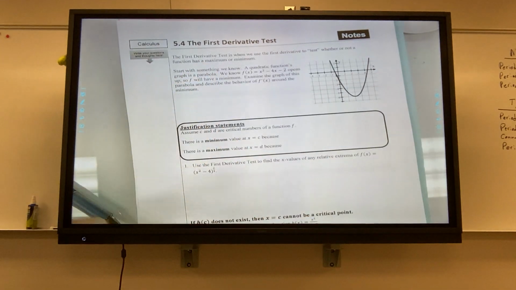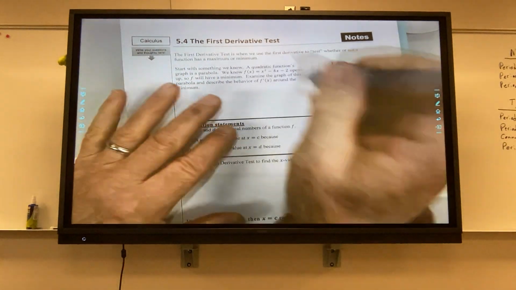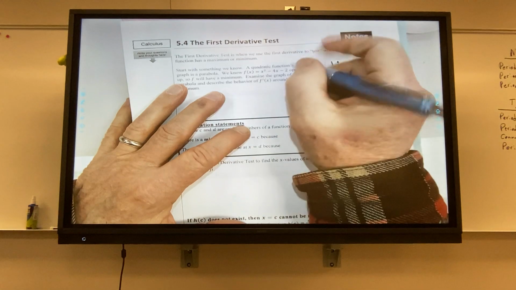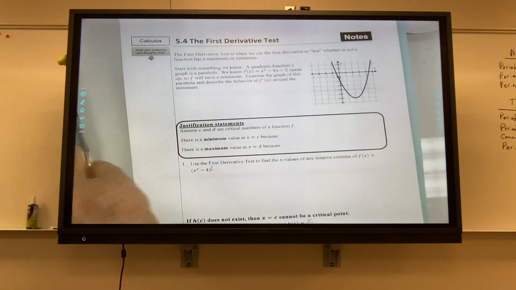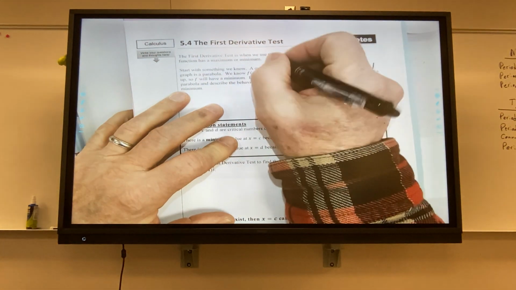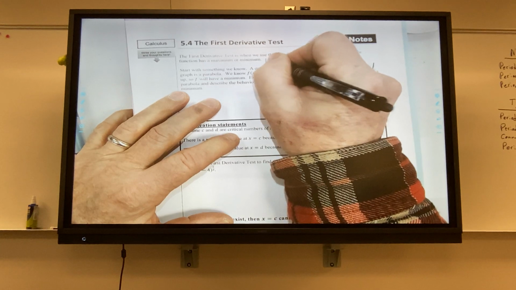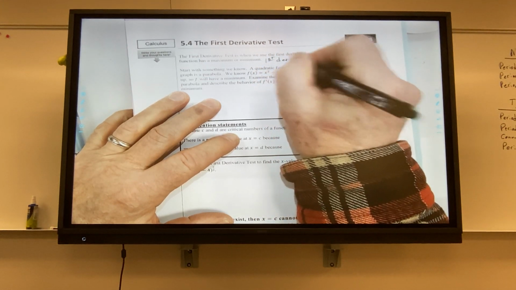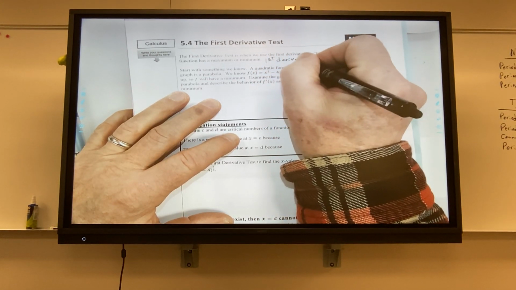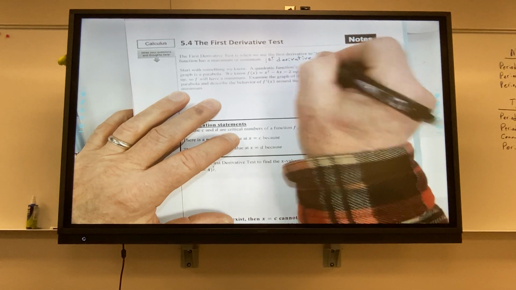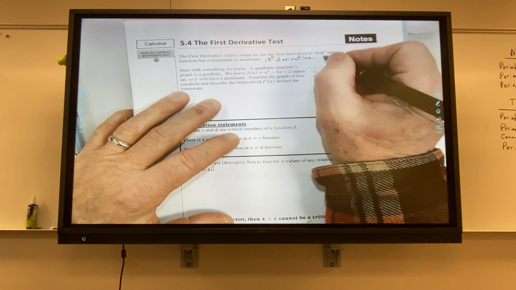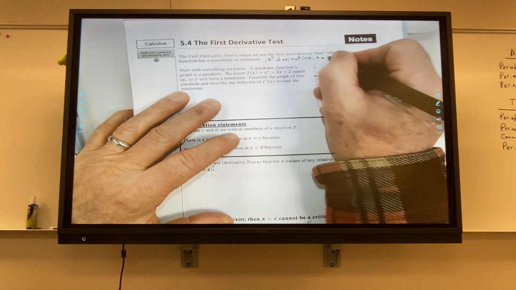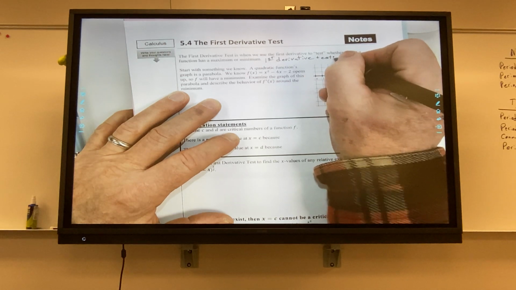Derivative test, its purpose, and I'm going to abbreviate here. The first derivative test does this.